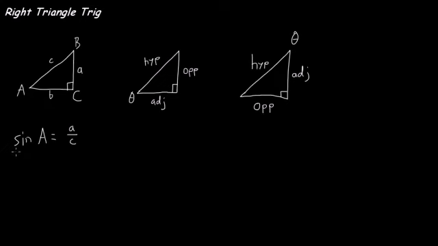So if you put sine of 30 degrees into your calculator, you get 1/2, which means that side C is exactly twice as long as side A if angle A is equal to 30 degrees. So if you have a 30-degree angle and you've measured side A and determined that it was 5 units long, then side C must be 10 units long.